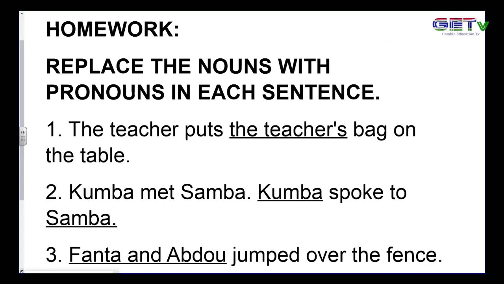Number 2. Kumba met Samba. Kumba spoke to Samba. Two nouns are underlined there, Kumba and Samba. So try to think of pronouns that are appropriate to replace those nouns.